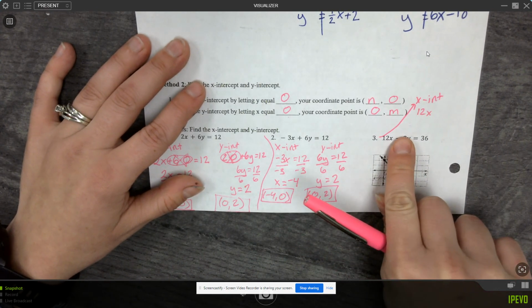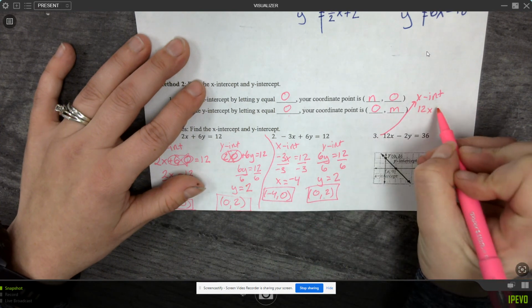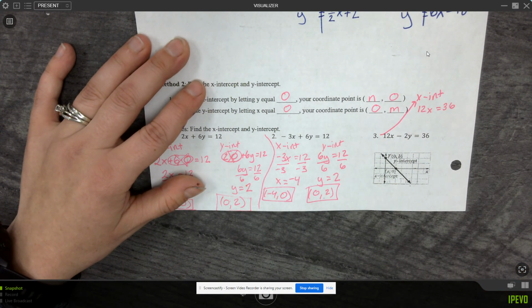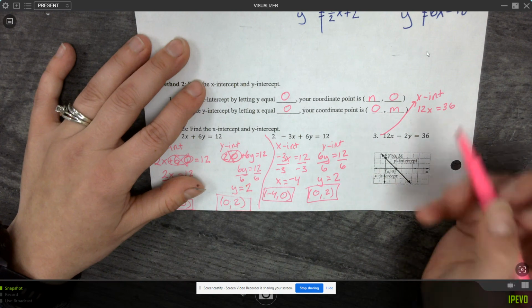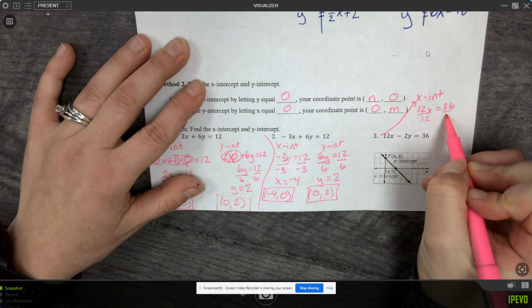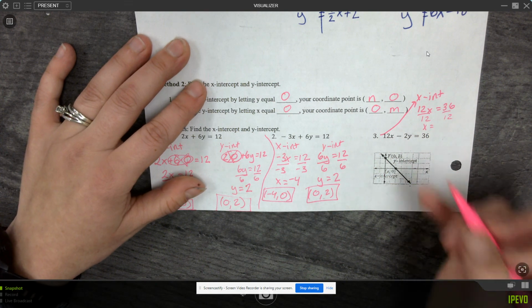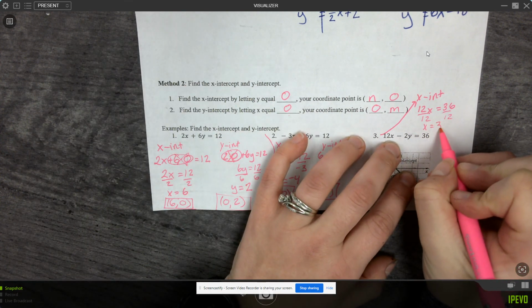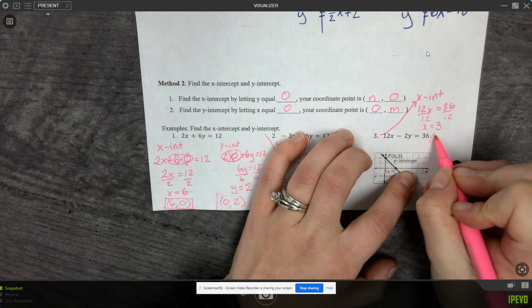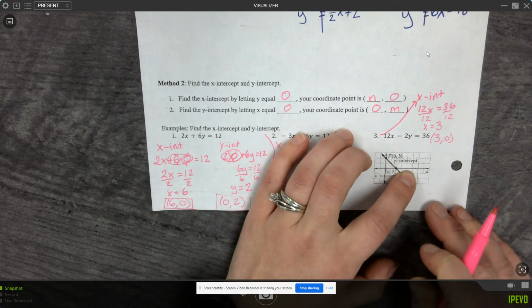I'm going to ignore the y term and just set it equal to 36. Then I'm just going to divide by that coefficient of 12. 36 divided by 12, well, that's 3. So my x-intercept is 3, 0.